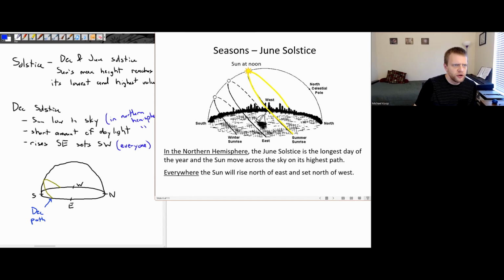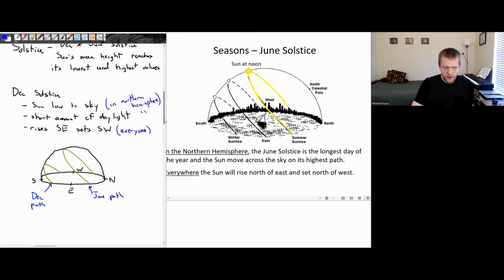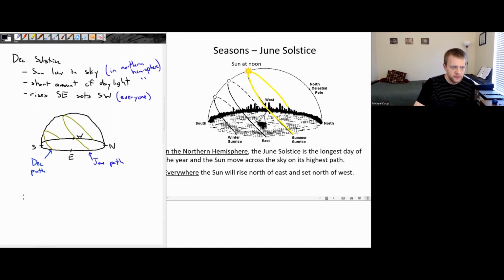So let me draw that part. So this would be the June path. And for this June path, the June solstice, the sun path is higher in the sky, highest in the sky.